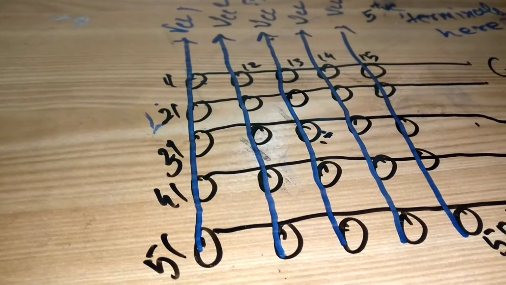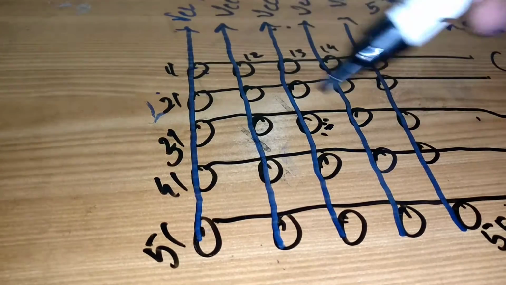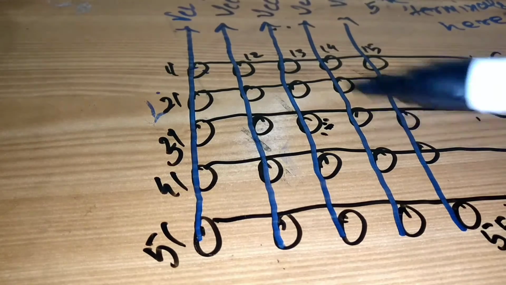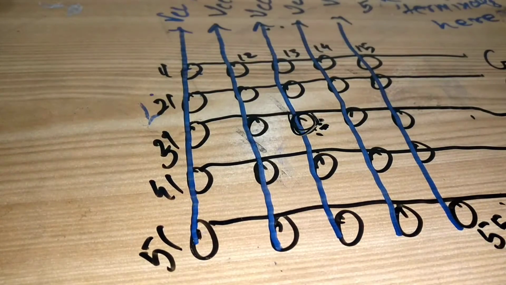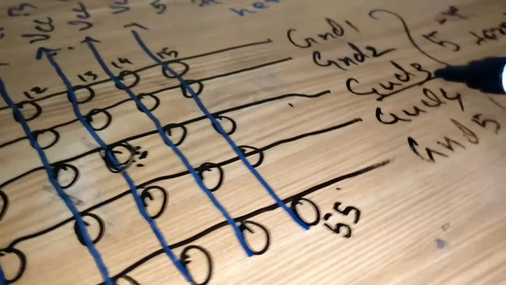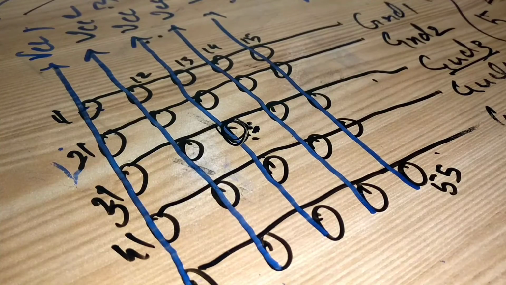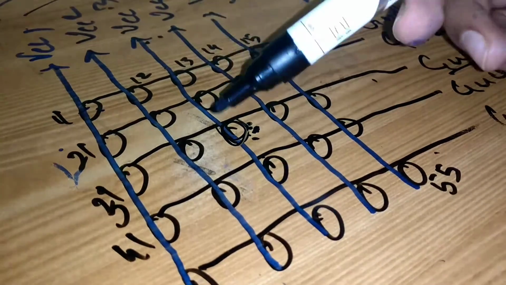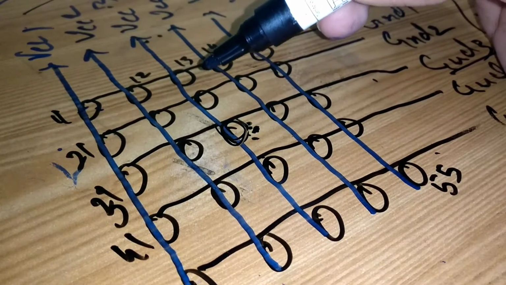If we are giving ground to this LED row, that is ground 3, that is 0 volt, and to the same column VCC, the terminal of the battery or the adapter you are using, 5 volt or 3 volt, with a resistance in series with the LED so that the LED doesn't blow up.